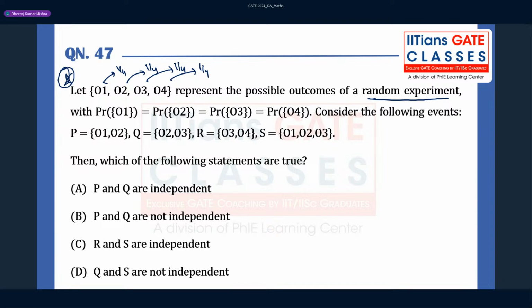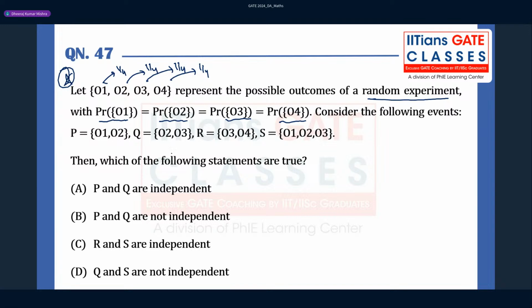They have mentioned that the probability of O1, O2, O3, O4 is the same. It means if you add all the probabilities, from the total probability theorem the sum of all the probabilities is going to be 1: P of O1 plus P of O2 plus P of O3 plus P of O4. All the probabilities are the same, so the individual probability is 1 by 4.